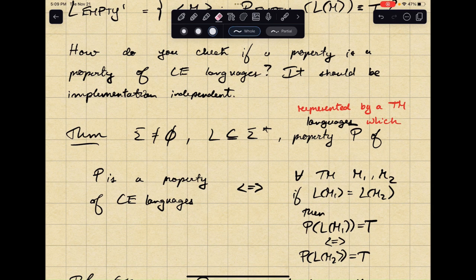Even though these decision problems have been about the languages, for instance, L being sigma star or L being the empty set, the input instance to that problem has been a Turing machine. And that's because we have to give a finite representation to a CE language to begin actually answering or solving the decision problem.